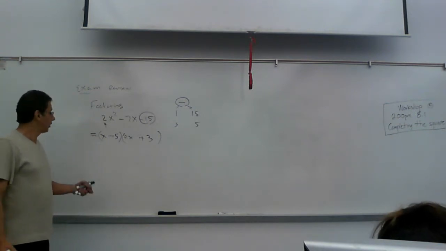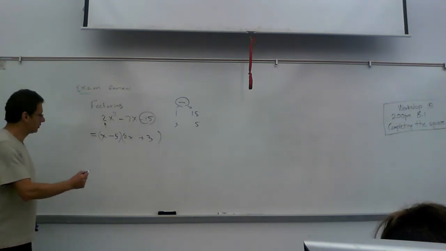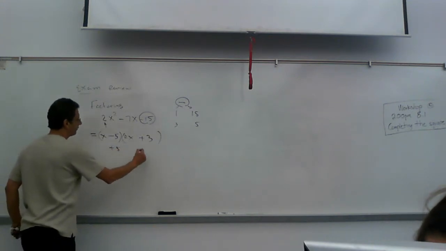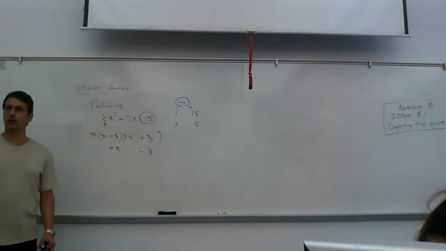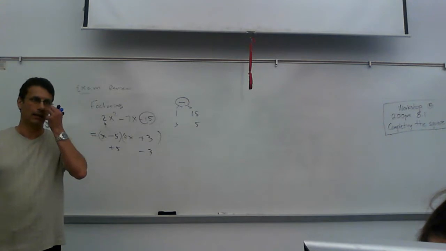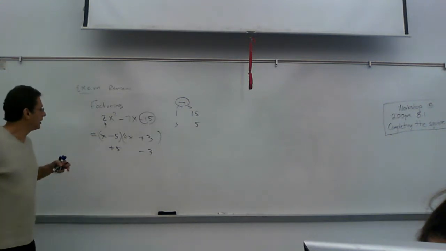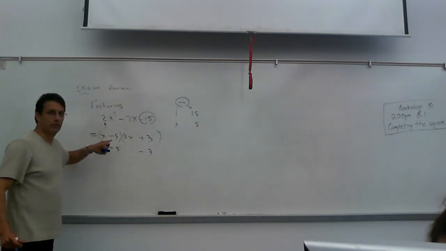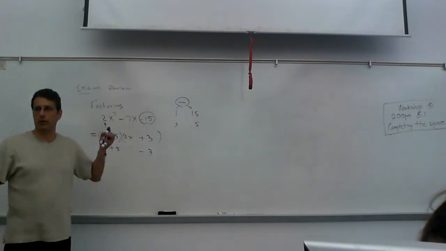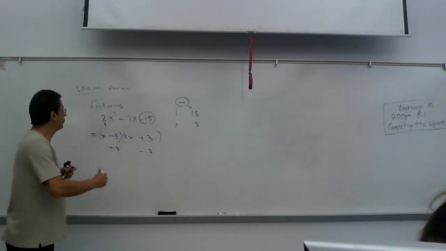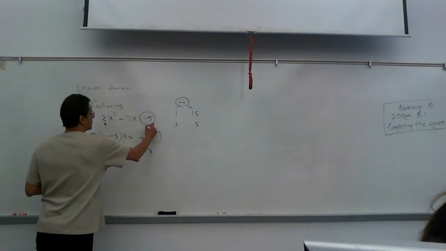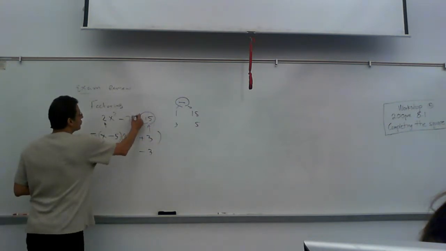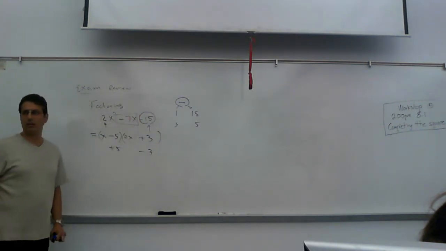Now, one might say, no, it's +5 and -3 because there were a lot of mistakes like that. See, when you have the choice of 5 and 3, one of them negative, you are fine with the first term and the last term, but you must check the middle term.